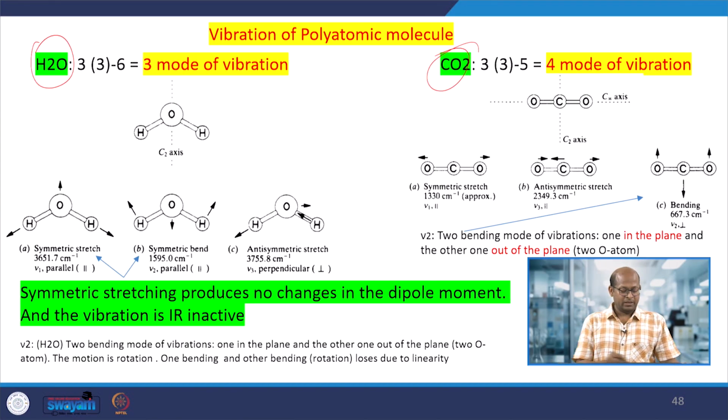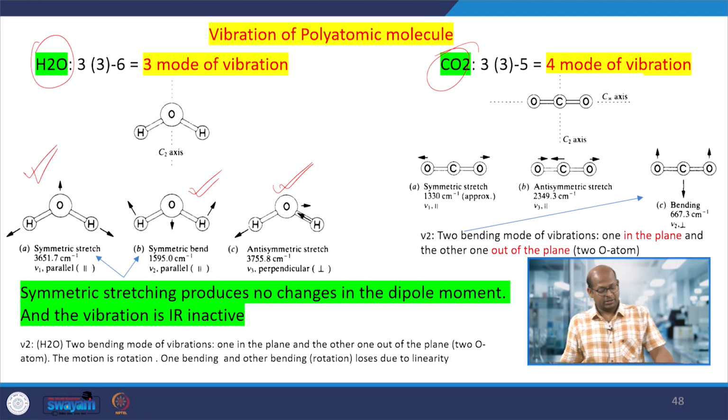Here is symmetric stretching, this is symmetric bending, and this is asymmetric stretching. So nu1, nu2, nu3: a stretching that produces no change in dipole moment is not IR active. Mostly, the asymmetric or antisymmetric stretching gives strong signals with the help of FTIR spectroscopy.